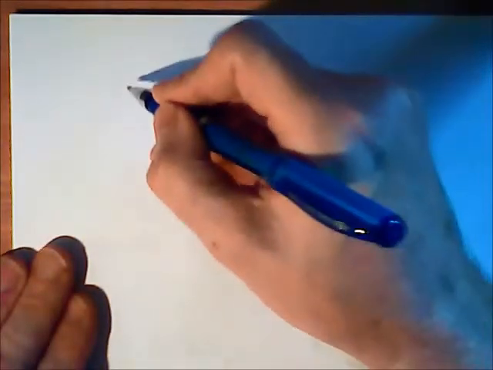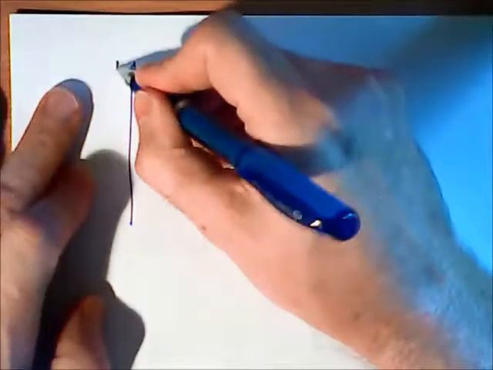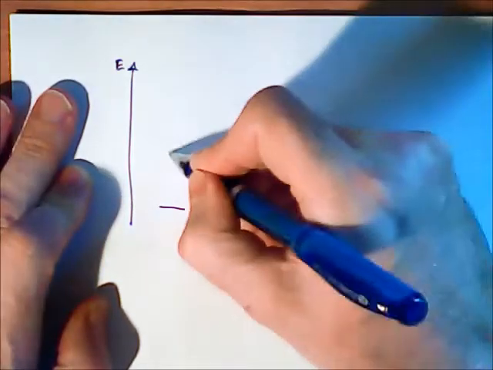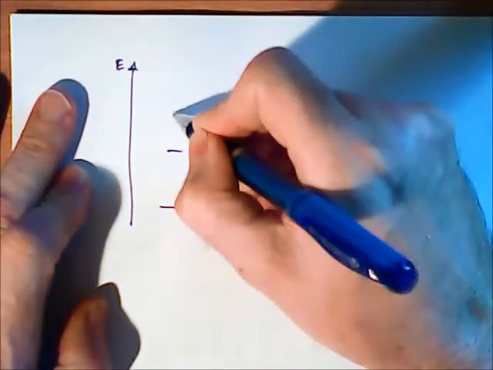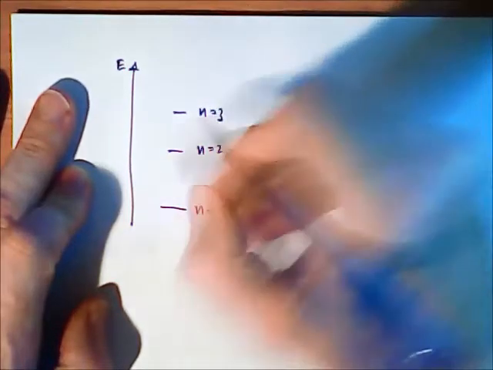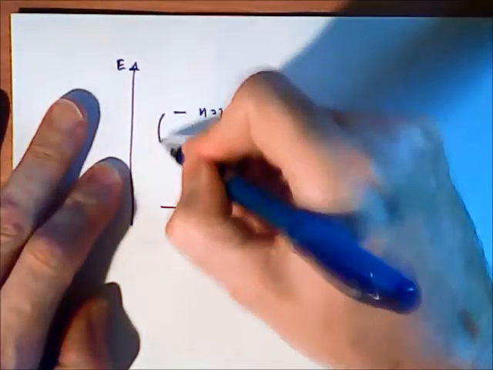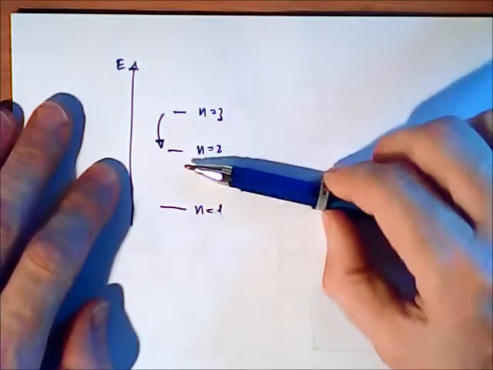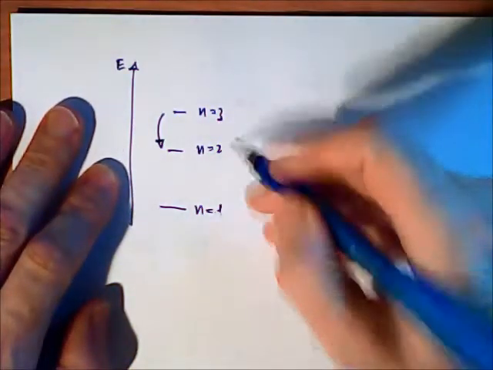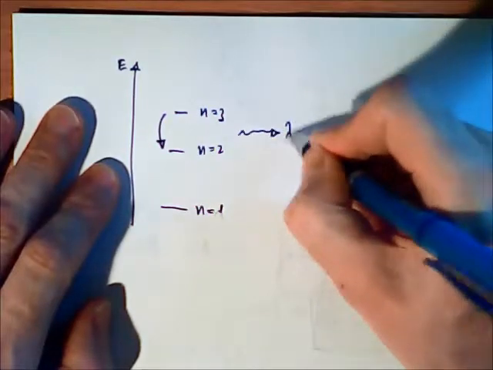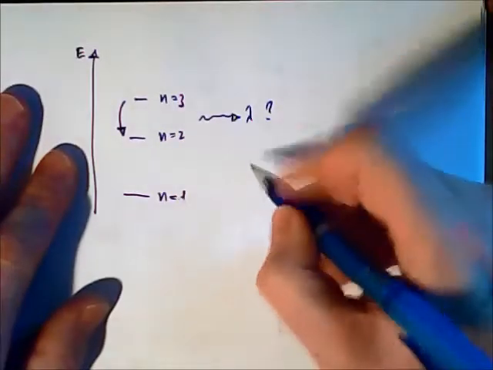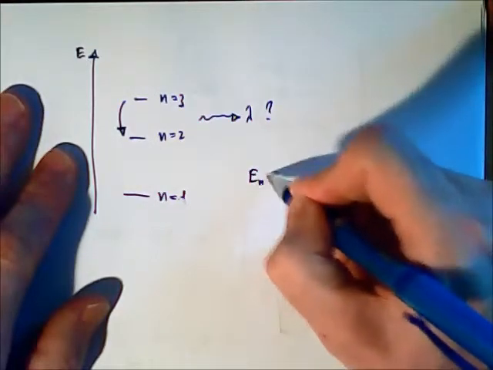Okay, simple example. We look at the transition between the level n equal 3 and n equal 2. So one electron goes from level 3 to level 2. What is the wavelength of the light that will come out? We use our formula here.